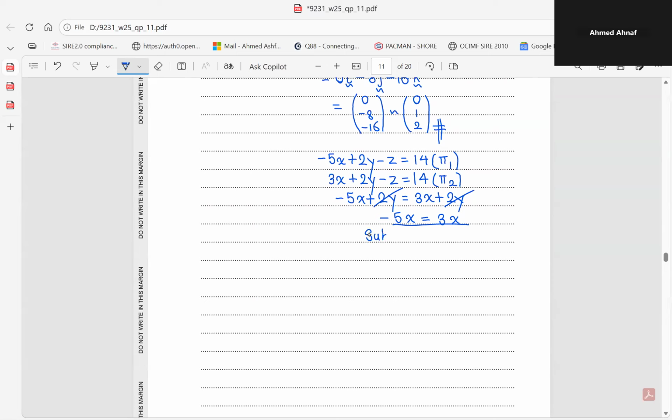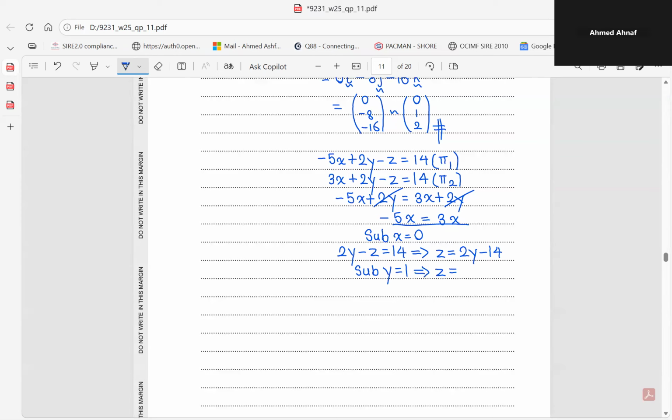So we're just going to sub x equals 0. Then you would get 2y minus z equals 14, and then you would get z equals 2y minus 14. Now you can just sub, let's say, y equals 1.